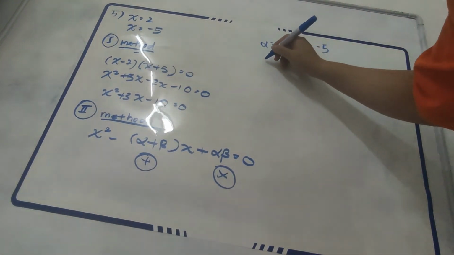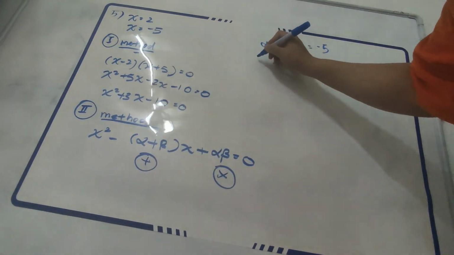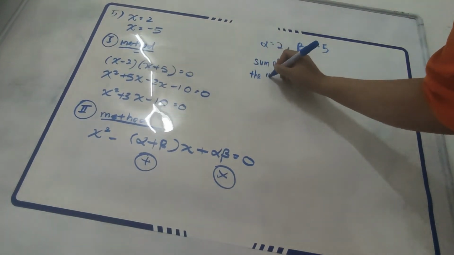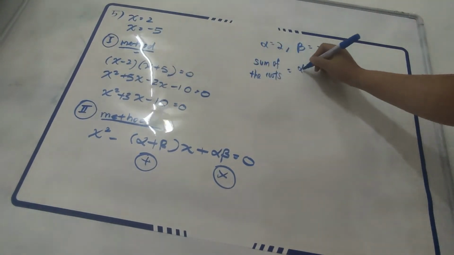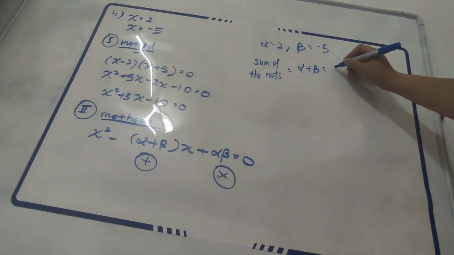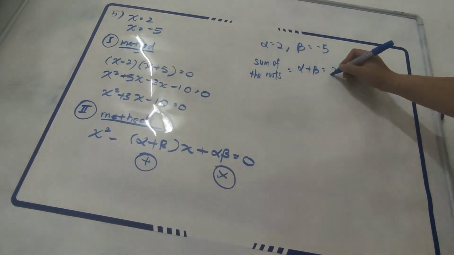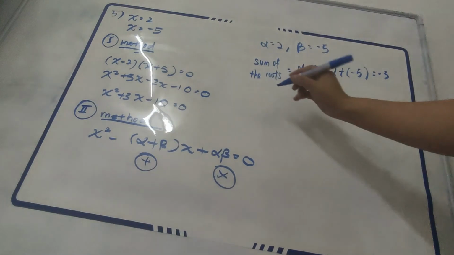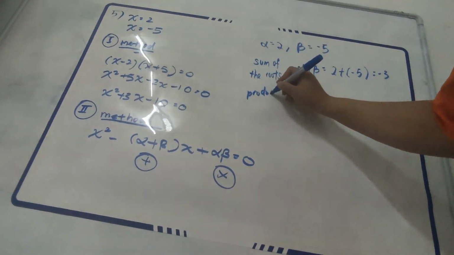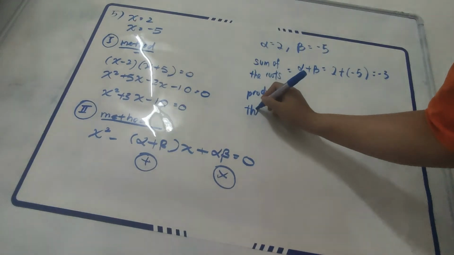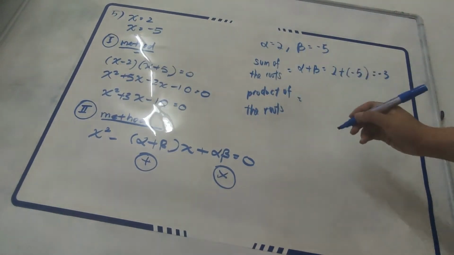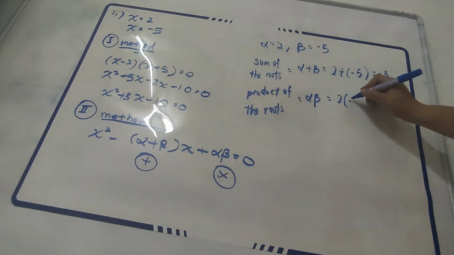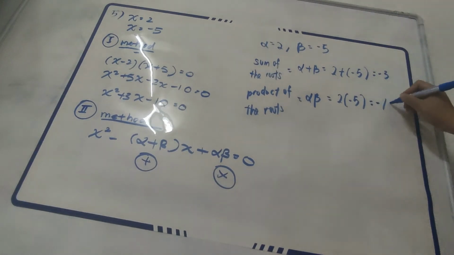The sum of the roots equals alpha plus beta, which is 2 plus minus 5, equals negative 3. The product of the roots equals alpha times beta, which is 2 times negative 5, equals minus 10.